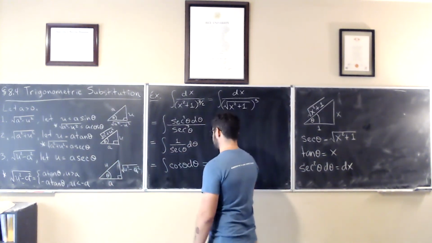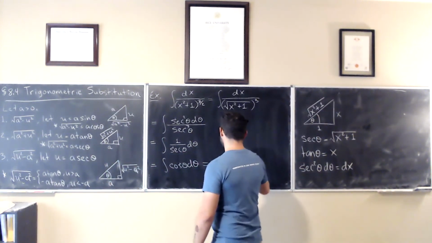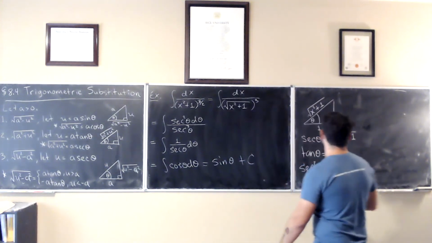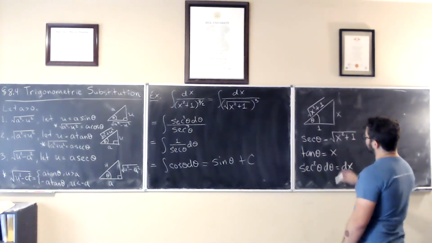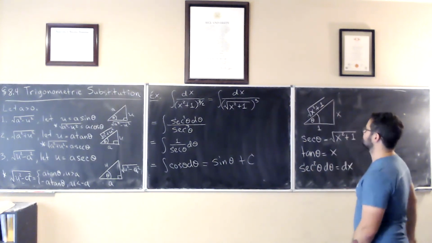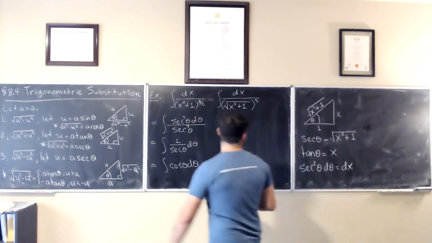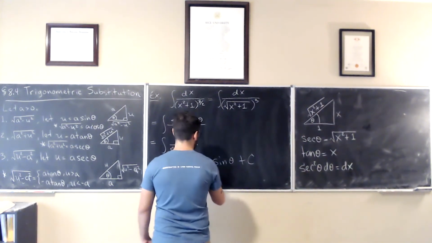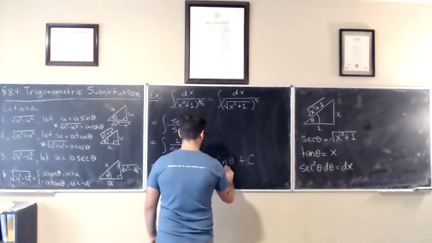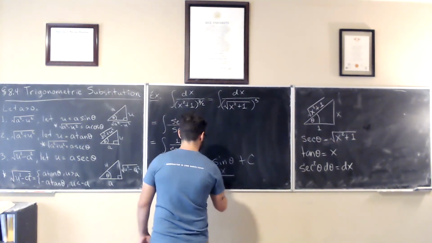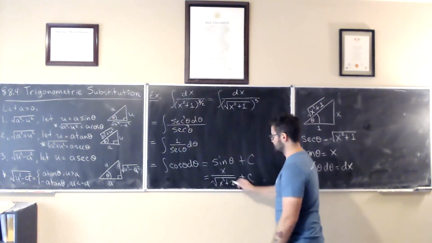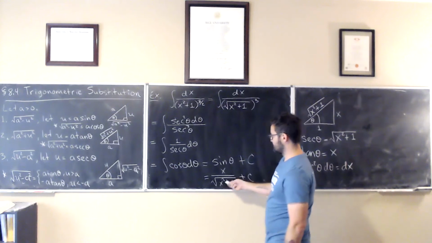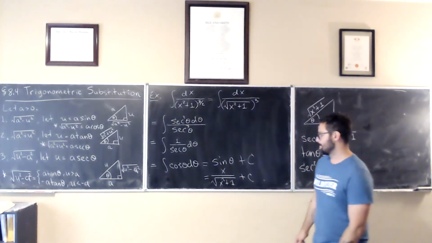And the integral of that's sine theta plus c, always. And what's sine theta? Sine theta is x over that, right? So opposite over hypotenuse. So x over root x squared plus 1 plus c. Your textbook probably will rationalize this. What would that look like?